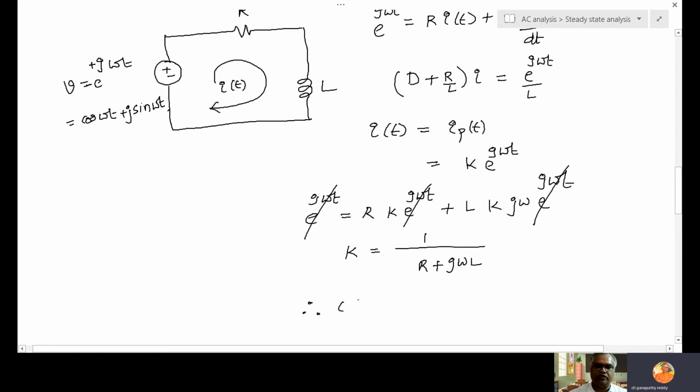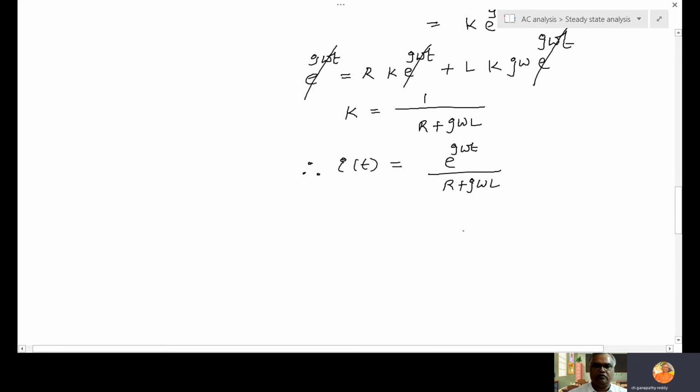Therefore, I of t is equal to e power j omega t divided by R plus j omega L. Now we wanted I of t, we got it.